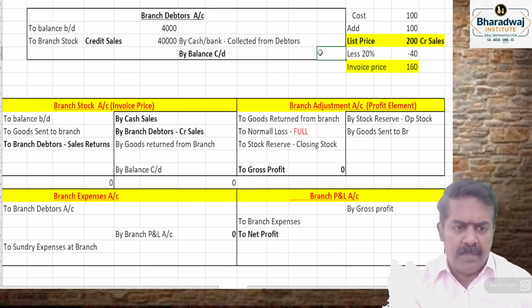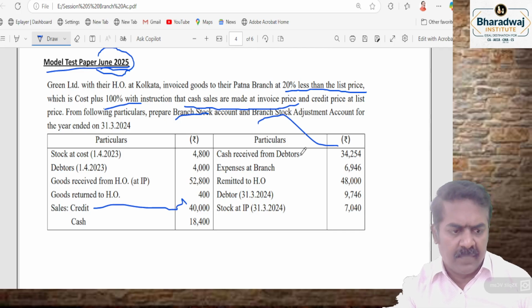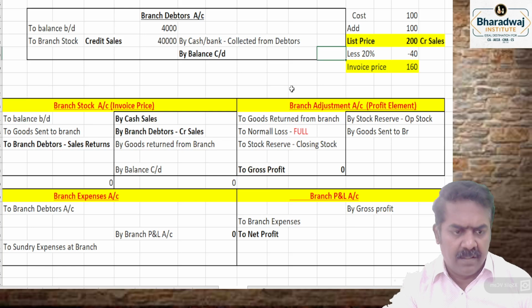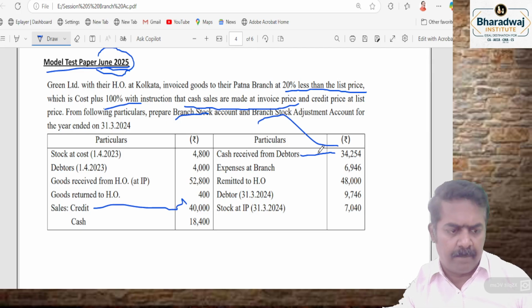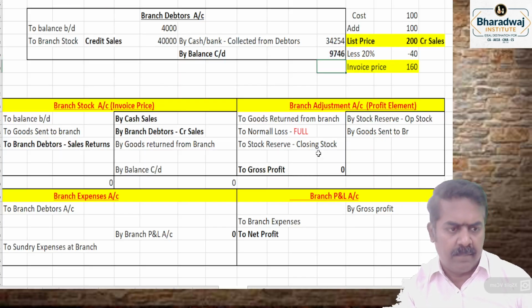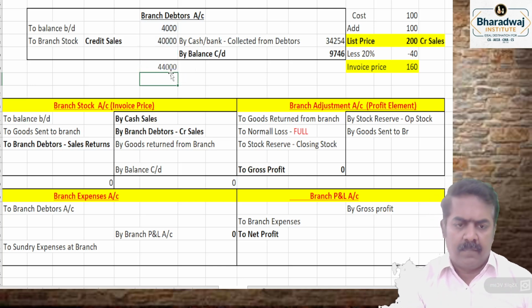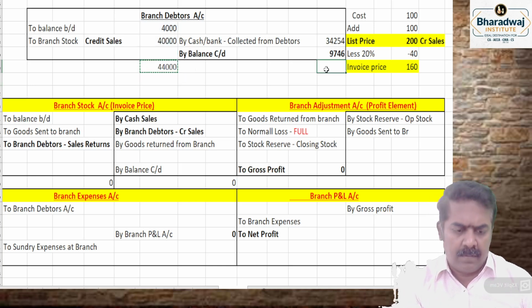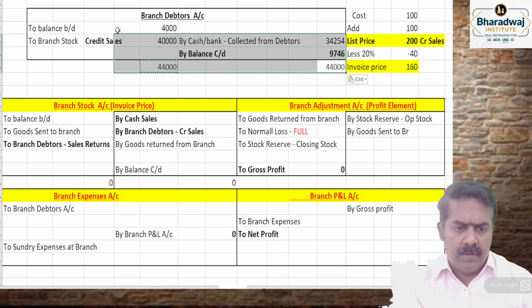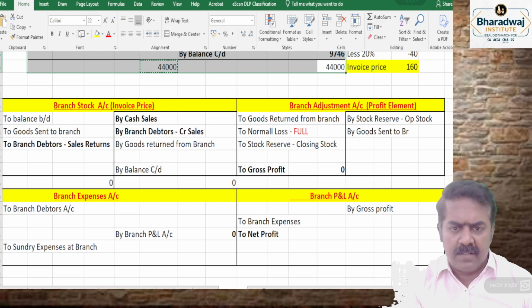What is the closing balance given? Cash receipt from debtors given 34. Closing balance given to us. I hope it tallies. There is no further balance.